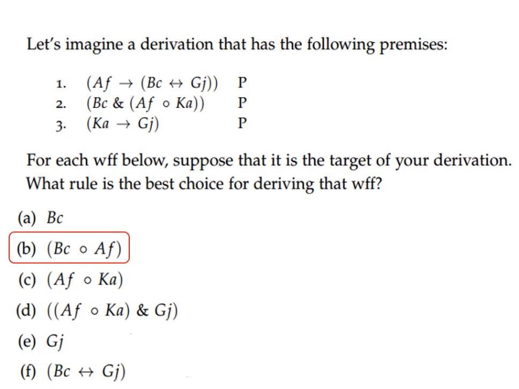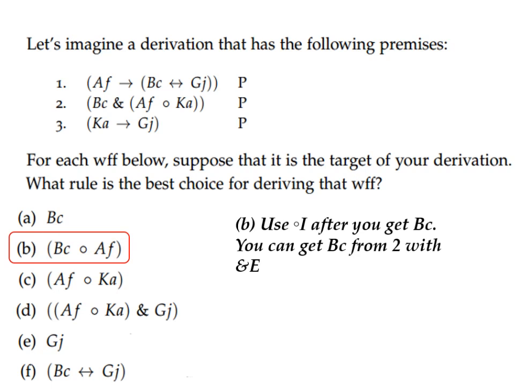Is there a rule that allows you to get that? There is. Remember that you can introduce disjunctions. Disjunction introduction allows you to tack on whatever you need. So you can tack on the AF using conjunction introduction after you get BC by itself. And you get BC, like I said, from 2 with conjunction elimination.